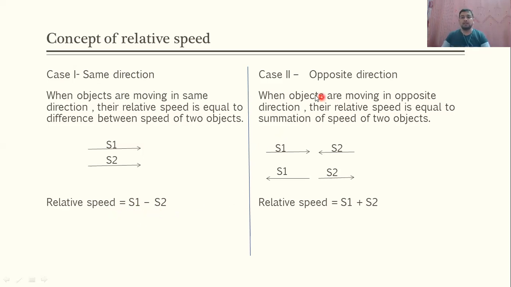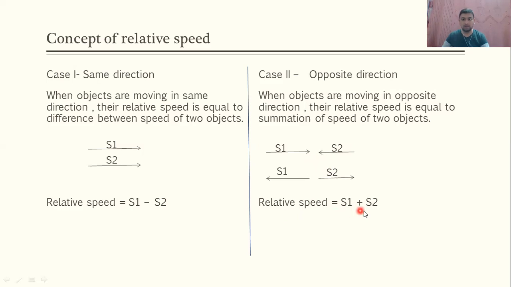Now next, let's say these objects are moving in opposite direction, like this. Okay, this is what? Opposite direction. One is moving towards the right, the second object is moving towards the left. When the objects are moving in opposite direction, their relative speed is equal to the summation of the speeds of the two objects. So obviously their relative speed will be S1 plus S2.